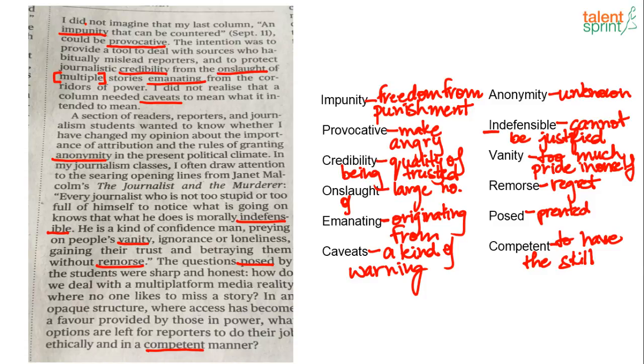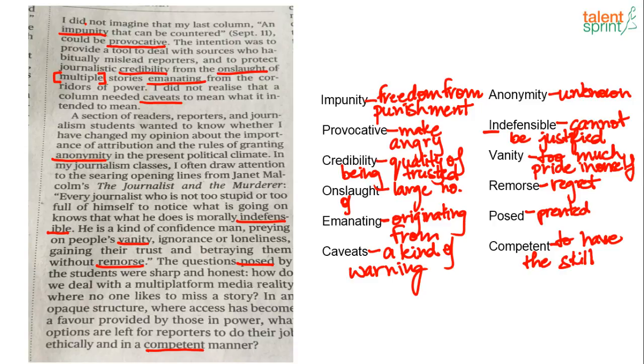Then he tells us why he wrote the article. The intention was to provide a tool to deal with sources who have habitually misled reporters and to protect journalistic credibility. Let's stop here and try and understand. He says he wanted to write an article which would give people a way to deal with people who have habitually, time and again, told lies to reporters, and to protect, what is another reason?